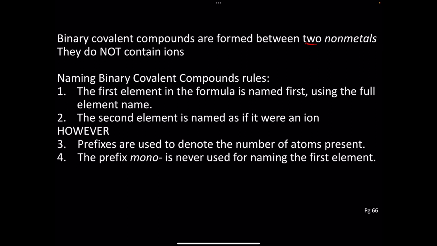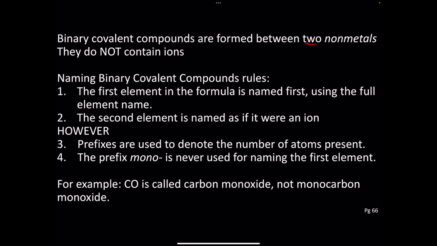We can just say carbon. We only use mono in the second element if there is a single atom of that. Here's an example: CO, not CO2, is carbon monoxide, not monocarbon monoxide. So you do not need that mono there. You can just call it carbon monoxide.